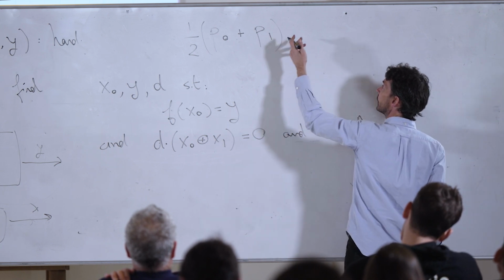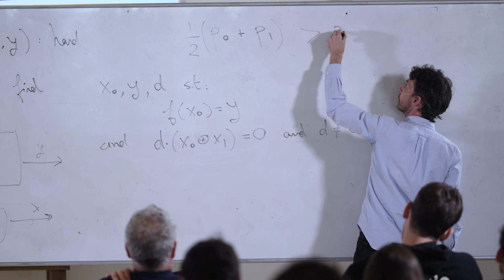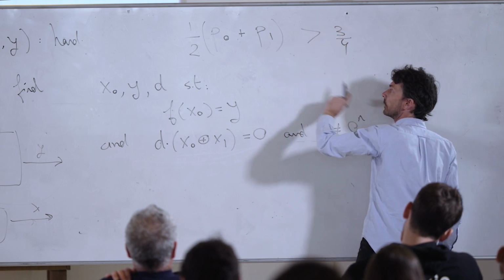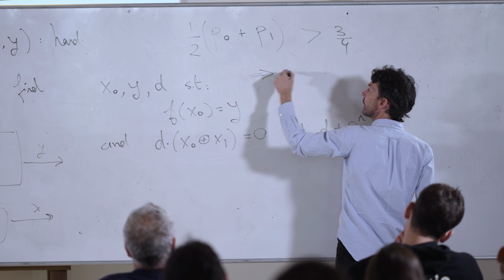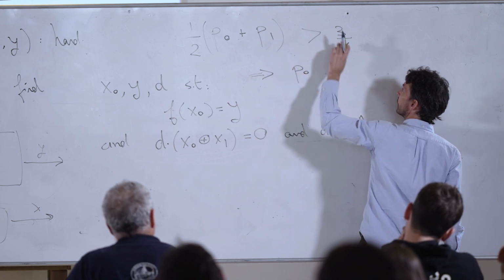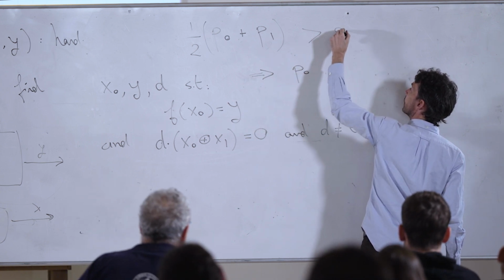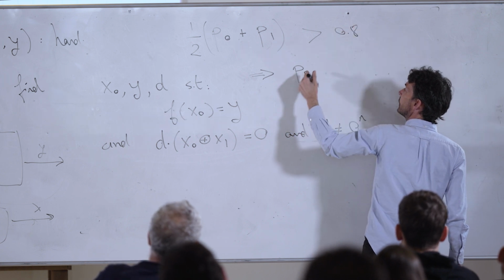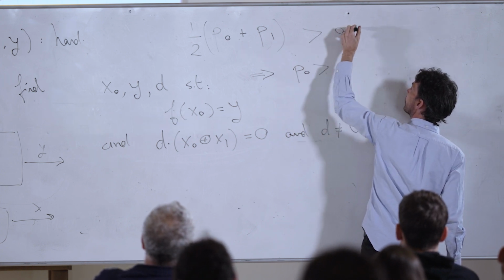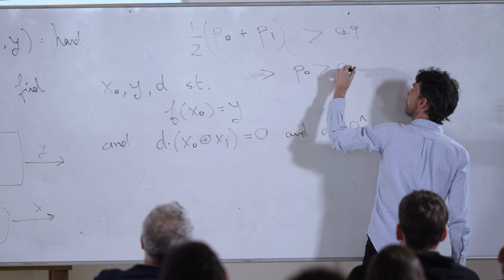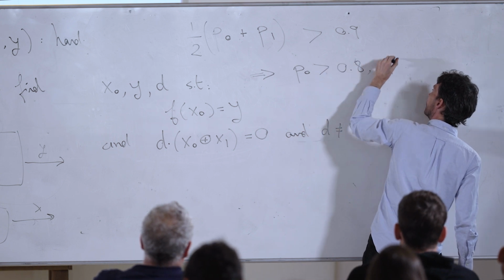If it succeeds with probability bigger than 3/4, then this should be bigger than 3/4. These are numbers between 0 and 1, so this implies that P0, let's just give ourselves a little bit of wiggle room here, should be bigger than, I'll put 0.9. This way I'll get P0 bigger than 0.8 and P1 bigger than 0.8.